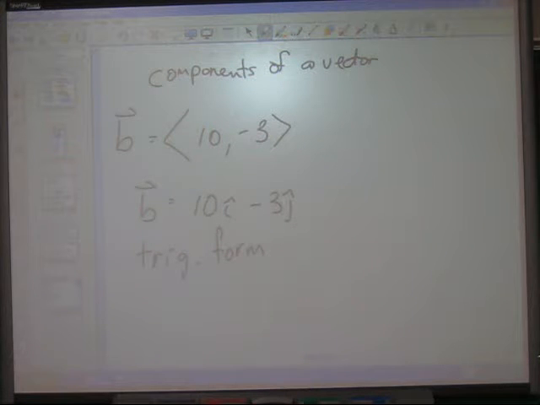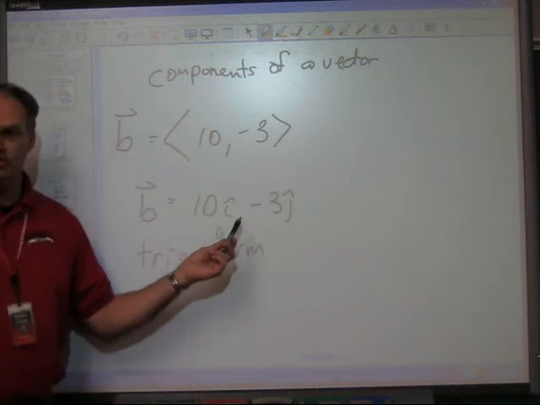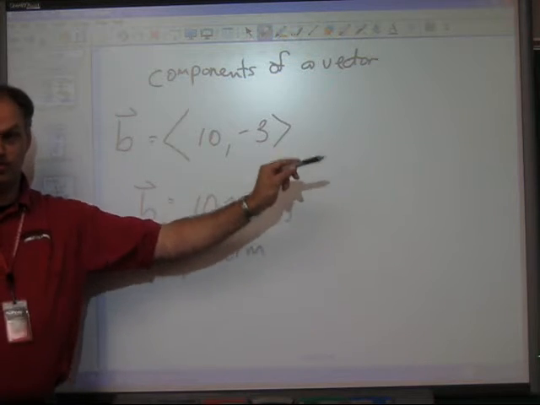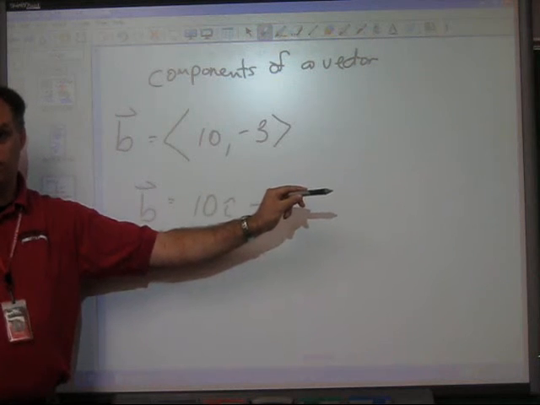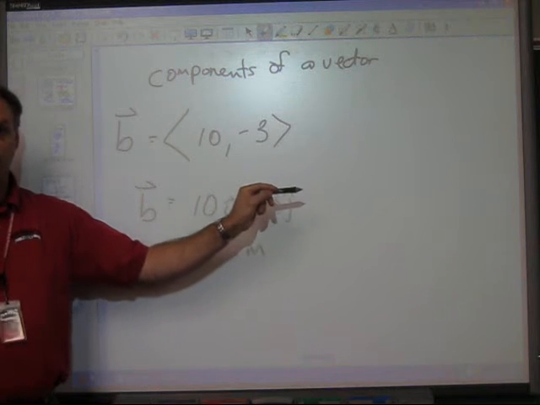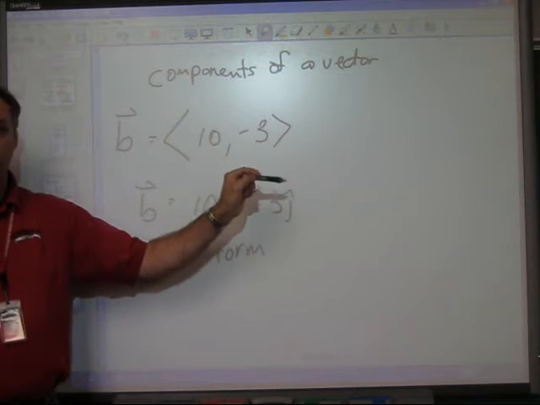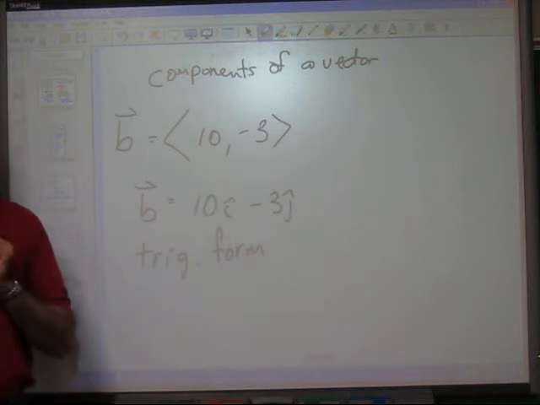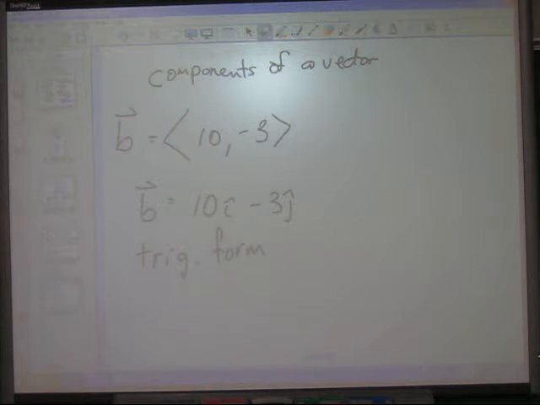If I take 10 times 1, 0, that means 10 units this way and no units up or down, correct? And if I take negative 3 times j hat, it's 0 left and right, and it's negative 3 down.